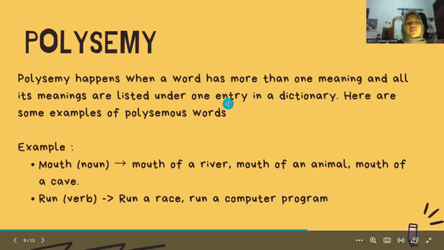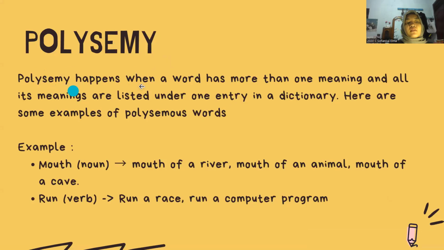Okay, so the next is about polysemy. Polysemy happens when a word has more than one meaning and all its meanings are listed under one entry in the dictionary. And here are examples.